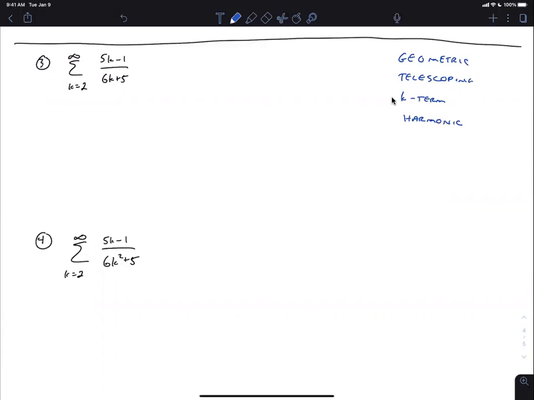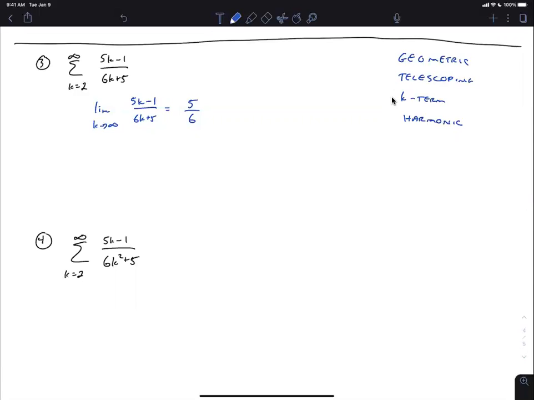Does that make sense? Okay, the K-term test says if the limit of the sequence is not 0, then the series diverges. So we check the limit of the sequence. The limit of the sequence is 5 over 6. Does that make sense to everybody? Because the biggest term on top is 5k, the biggest term on bottom is 6k. That is the sequence, not sigma. So that's the sequence that we're adding. What that tells you is eventually we're adding 5/6 plus 5/6 plus 5/6 forever.